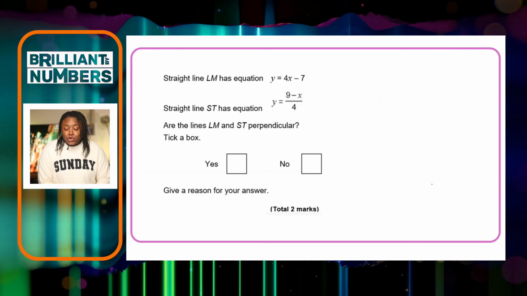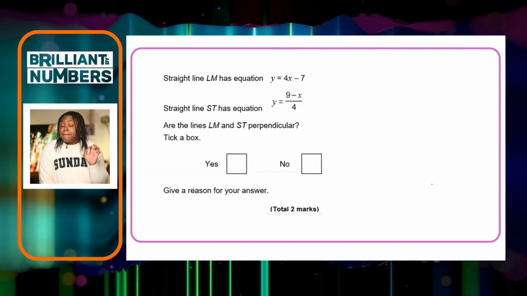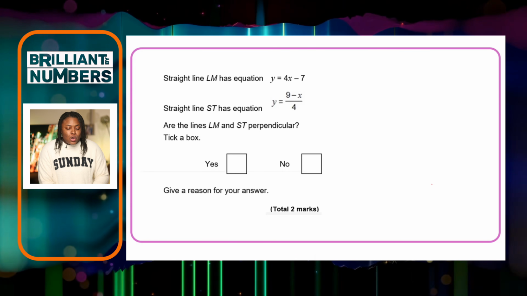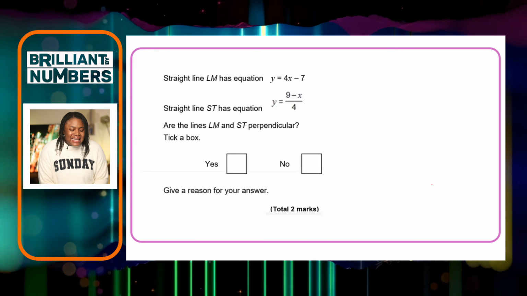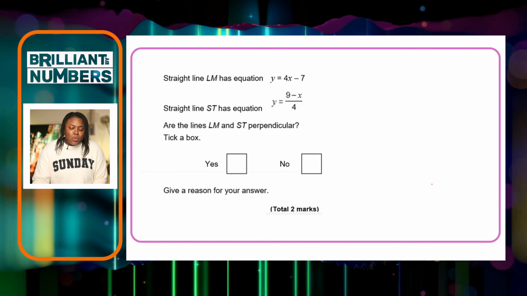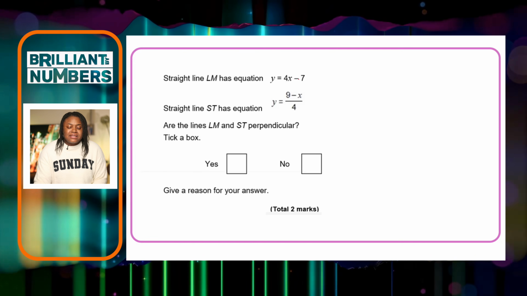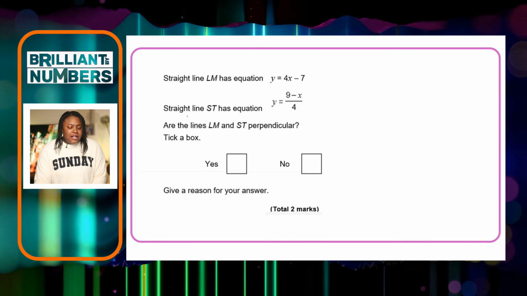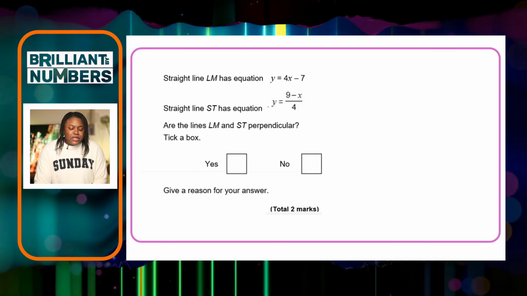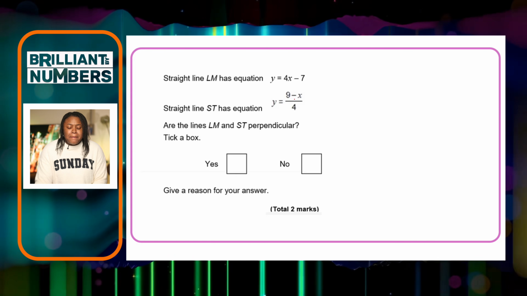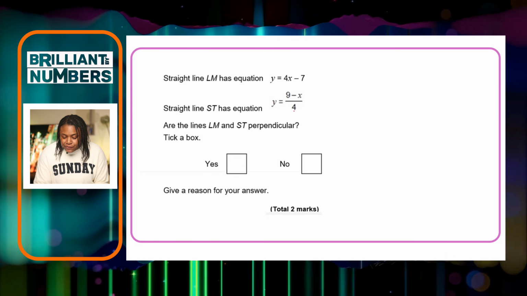We have another question, but this time we're talking about perpendicular lines. Okay, so straight line LM has equation y equals 4x minus 7. Straight line ST has equation y equals 9 minus x divided by 4.